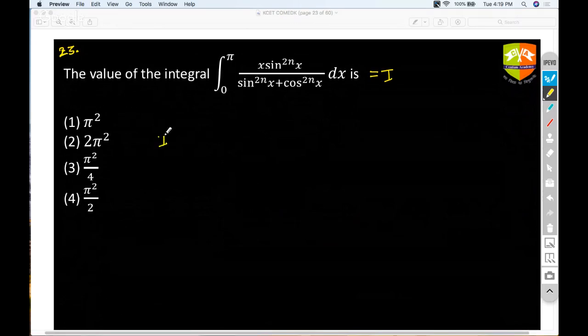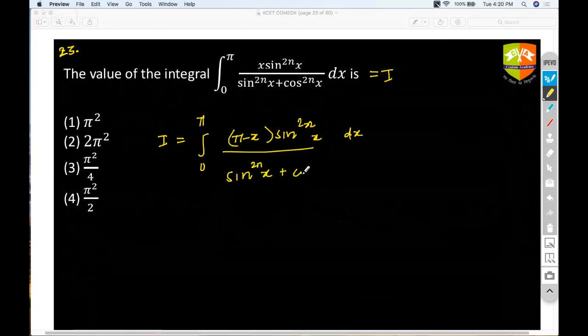So let this be I. According to King's property, I can write this as this. 2n being an even number, it will not affect any of the sine terms. This is by the use of King's property.